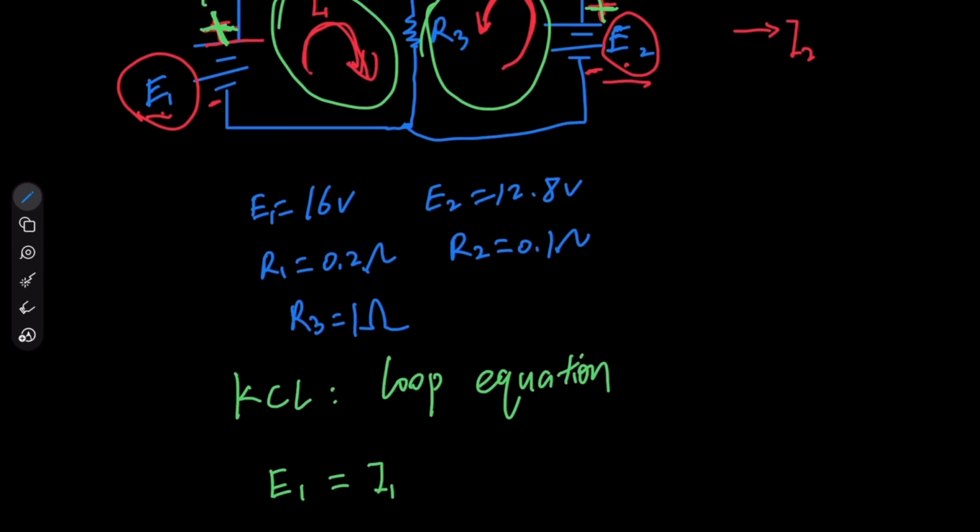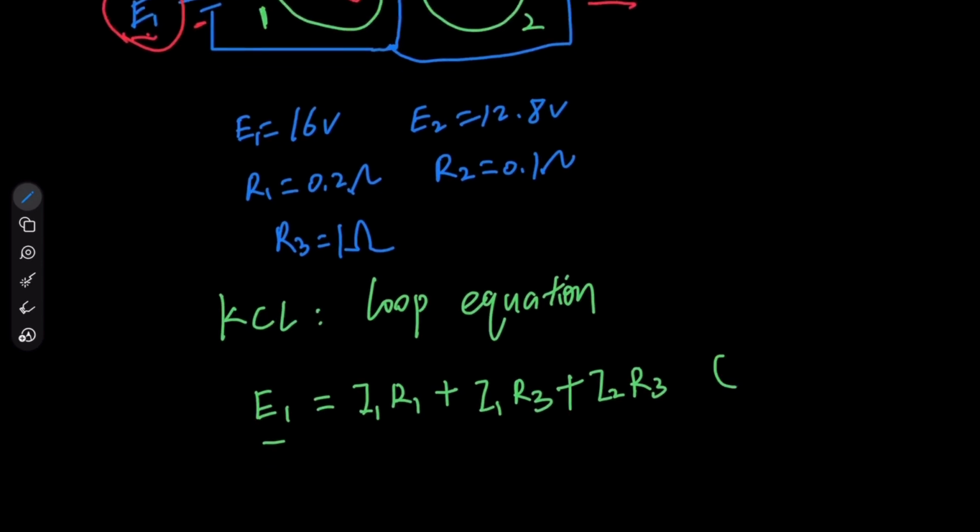For loop 1, E1 equals I1 times R1, plus I1 times R3. It's not just I1 flowing through R3, it's also I2 flowing through R3. They have the same direction, so it's plus I2 times R3. That's our first equation.